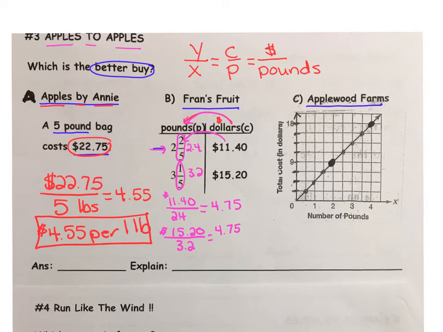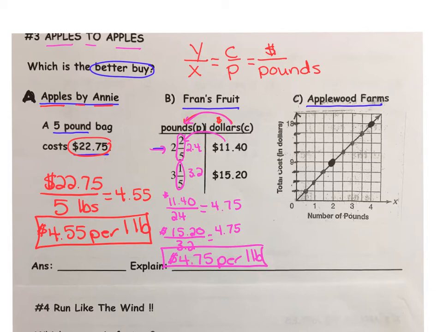But what that really means as a unit rate, as we dress it up with labels, is that Fran's Fruit for apples is $4.75 per 1 pound. Clearly a bit more expensive than apples by Annie.